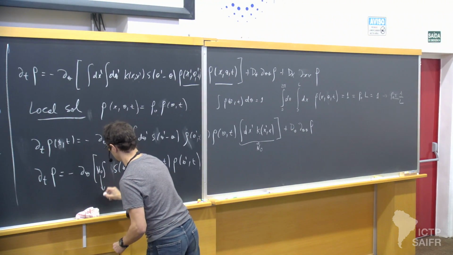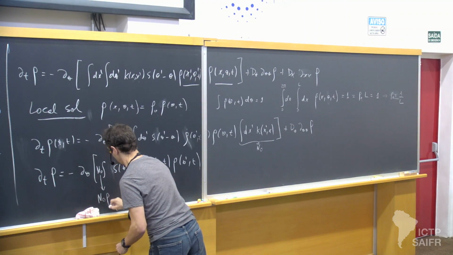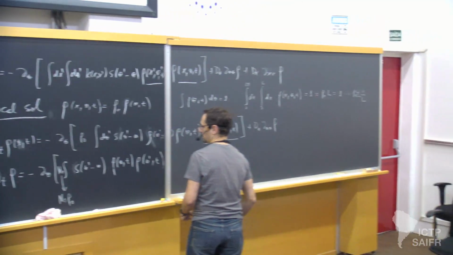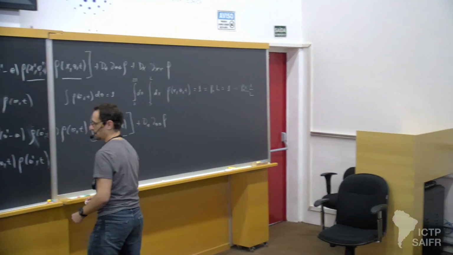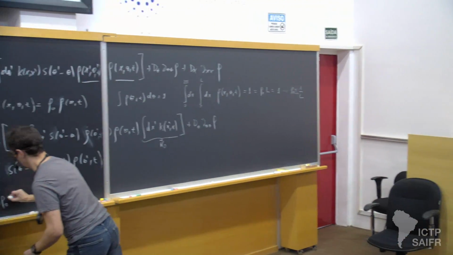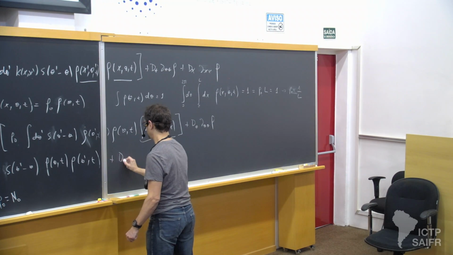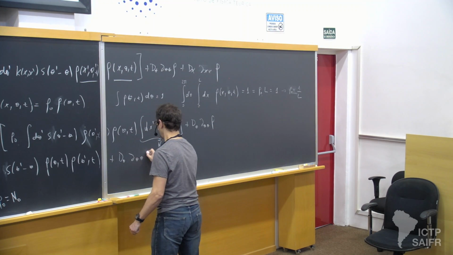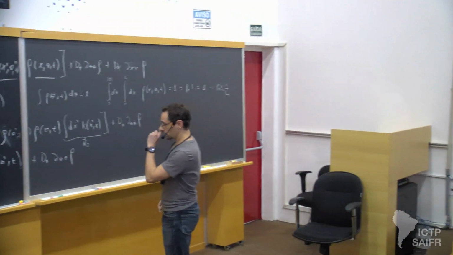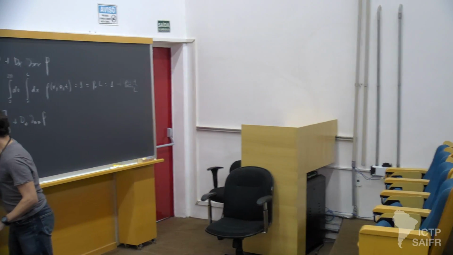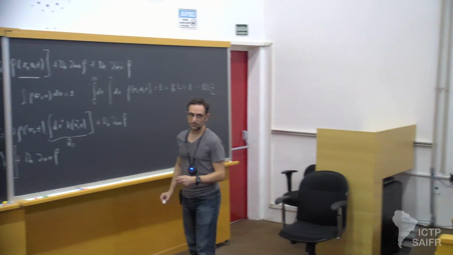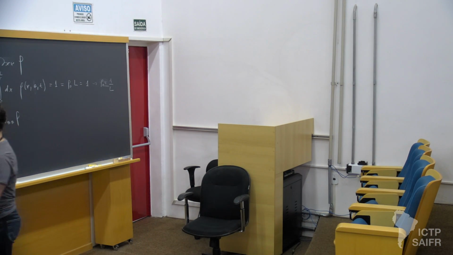And a naught is this, and this is this. Okay, so if you are familiar with the Kuramoto model, at this point I guess you are, you can apply the usual trick.